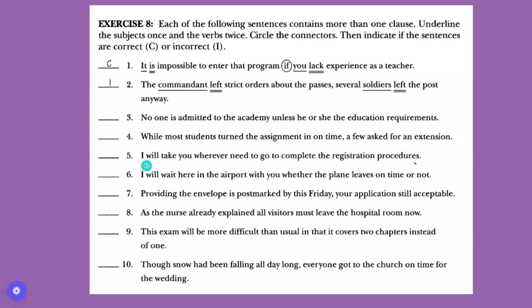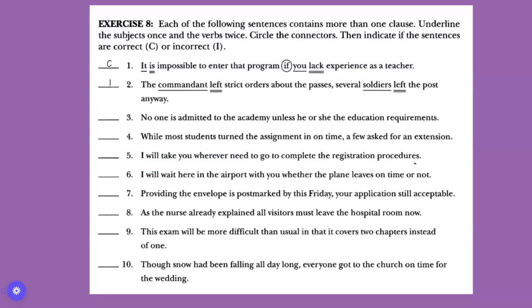Number 5, I will take you wherever need to go to complete the registration procedure. If you see, this sentence is incorrect. I have here my first clause, wherever, that is my connector, and then it says wherever need to go. But who needs to go?